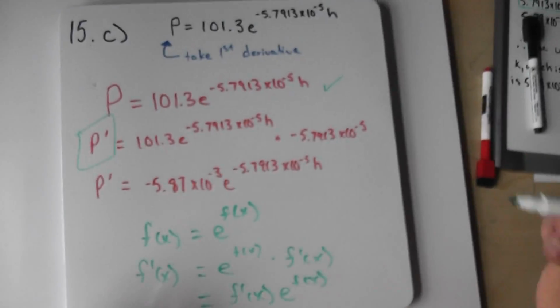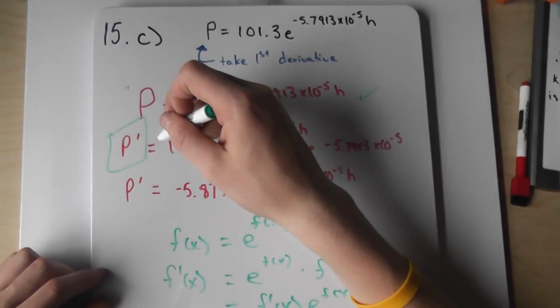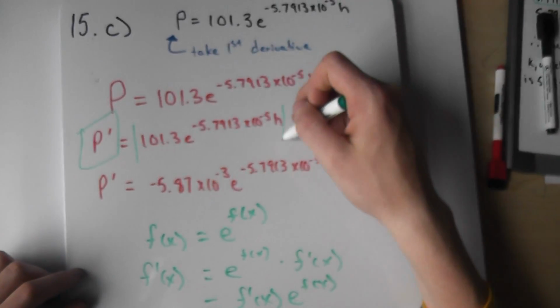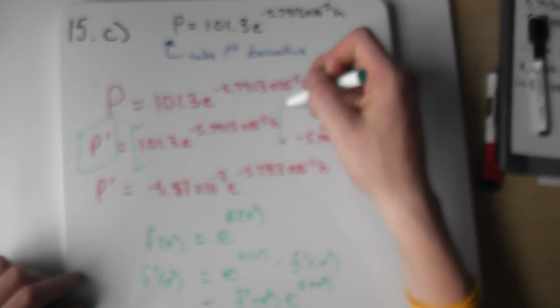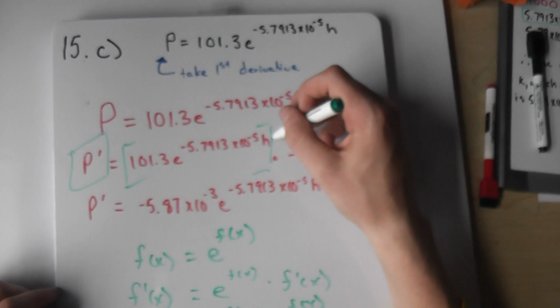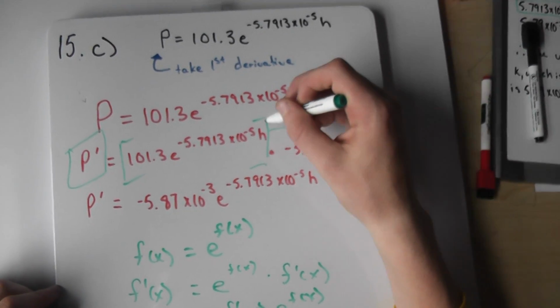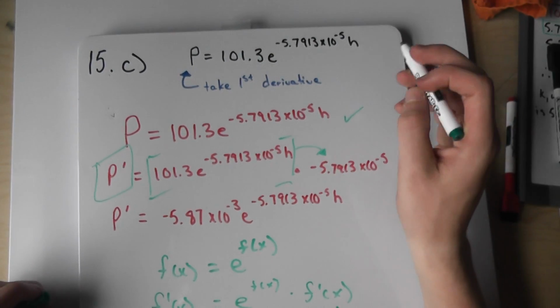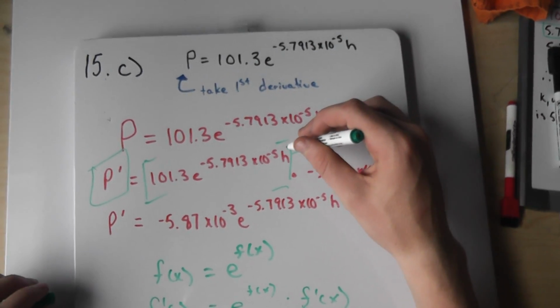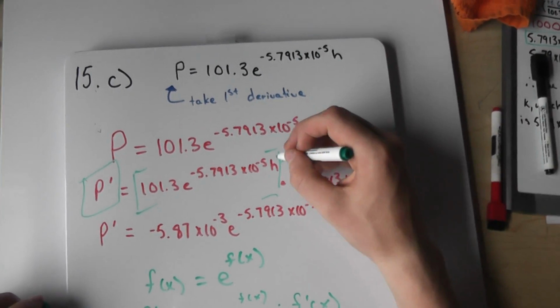So as seen here, we keep the e the same, and then we take the derivative of the exponent. Now, here we have h, but we don't have a cubed or a squared on the h. It's simply 1.